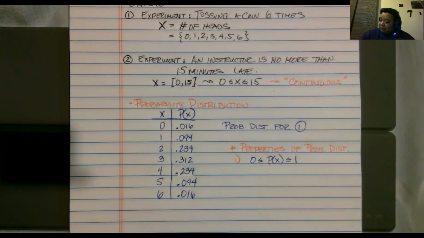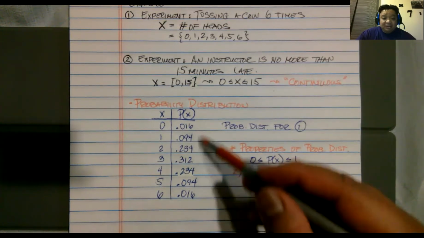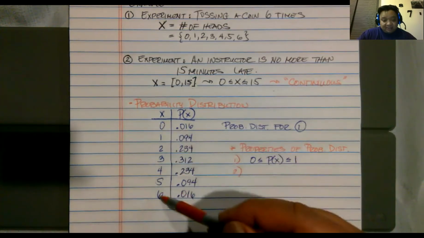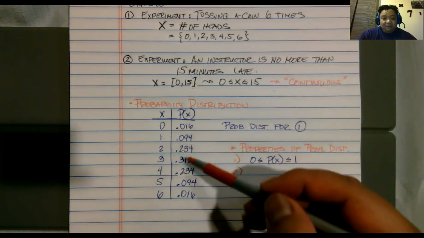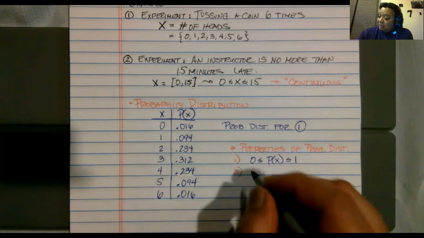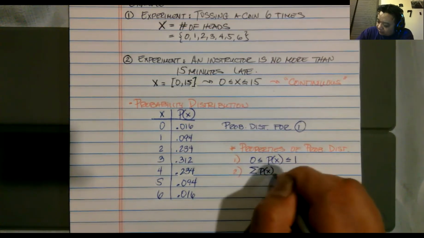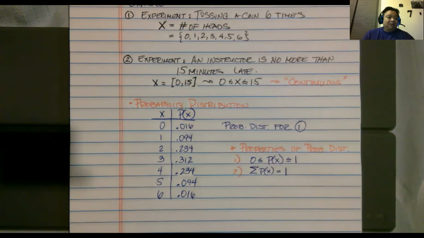Number 2, since these events are disjoint, which means none of them overlap, the sum of those probabilities has to be 1. So go ahead and add all the probabilities and double check that it is 1. I think I left my calculator over there, so let me go grab it.